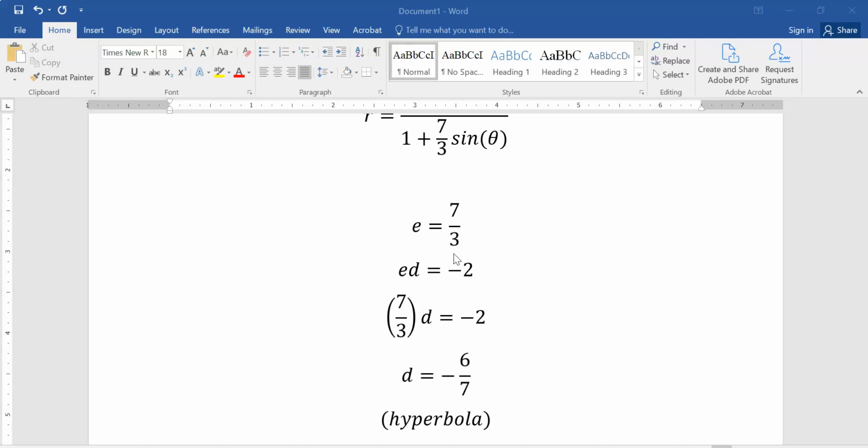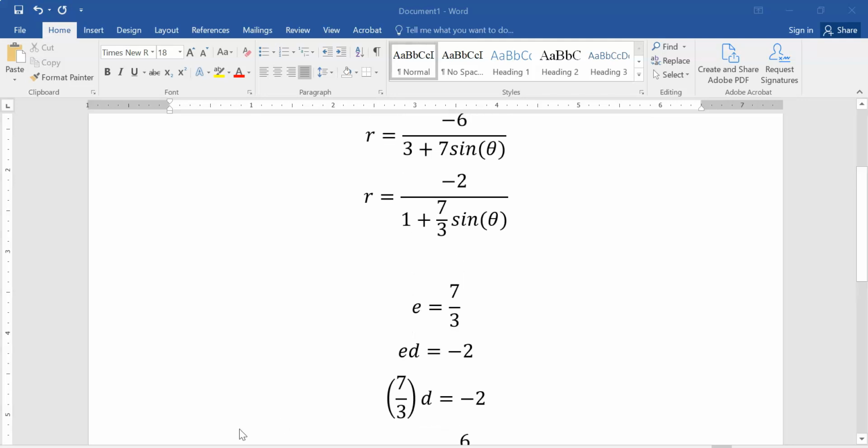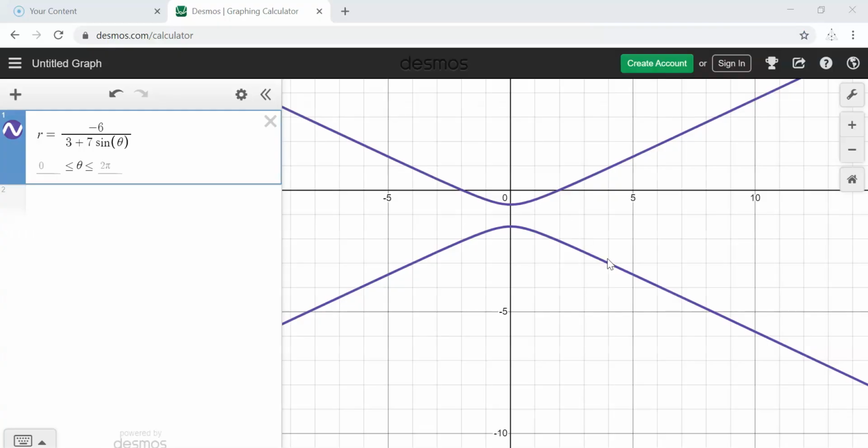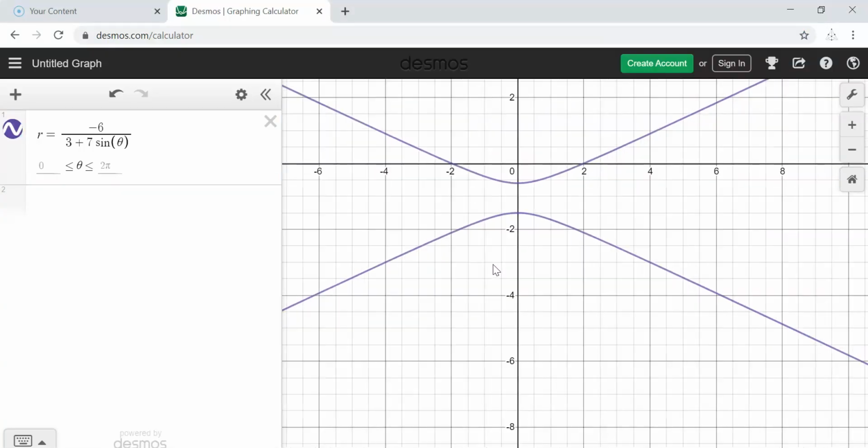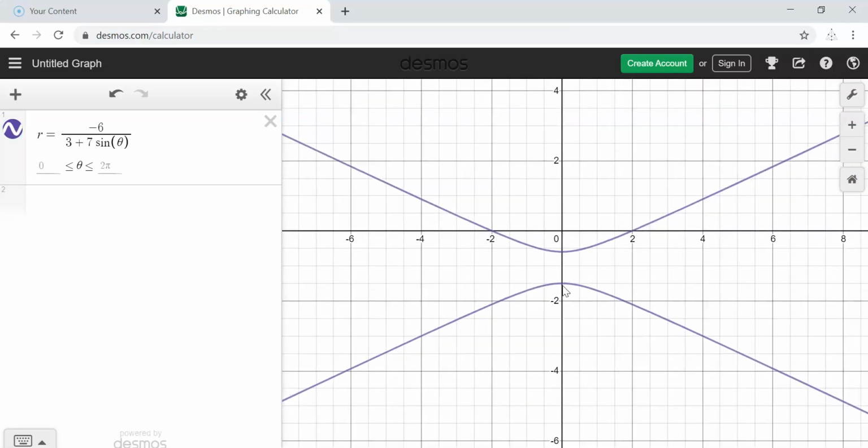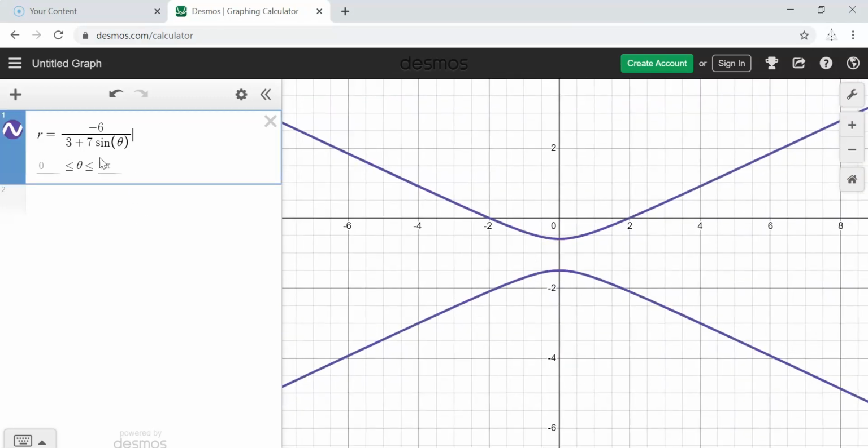And by the way, the eccentricity here, obviously, since it's greater than 1, this conic section has to be a hyperbola. And we can see that when we graph it. So there we go. Here is that hyperbola. You can zoom in or out. By the way, again, since this hyperbola has sine in it, the hyperbola is pointed up and down.